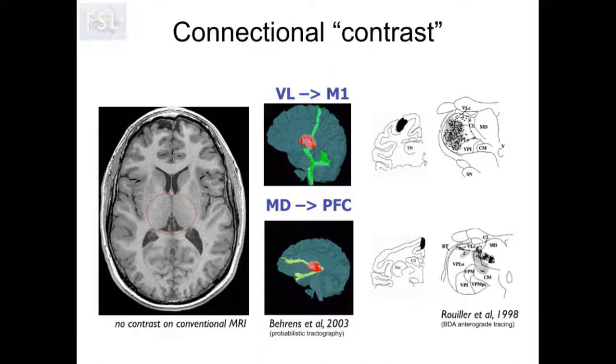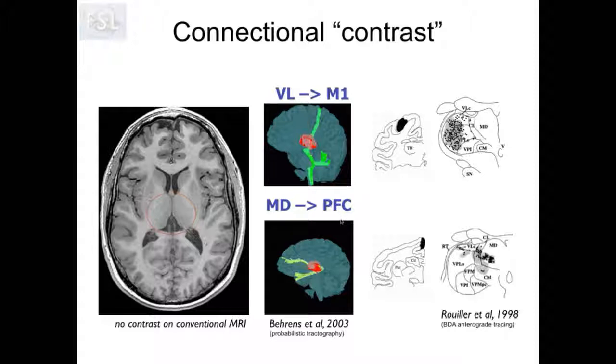What tractography is actually capable of giving you is this idea of connectional contrast. If you start seeding from the different voxels within the thalamus, you will see that depending on where you are, you will start projecting to different areas of the cortex, right? So if you start seeding from the ventrolateral nucleus of the thalamus, you will most likely reach the primary motor cortex, while if you start seeding from the mediodorsal nucleus of the thalamus, you are most likely going to reach the prefrontal cortex, right?